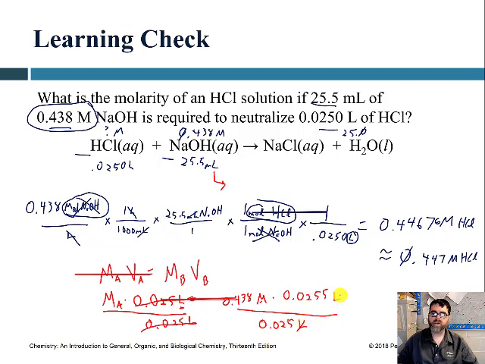The liters here are going to cancel out, and we're going to be left with molarity for our units, which is what we want. That's going to give us then a molarity of the acid that is equal to, notice, 0.438 in the numerator, 0.0255, which is this one here, 0.025 down in the denominator, and this here came from converting that decimal, so we can ignore that.